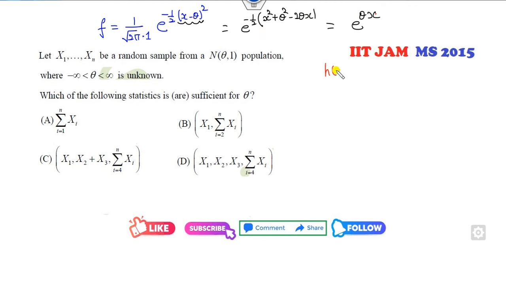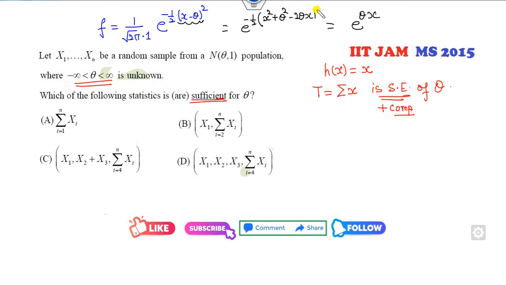So what is h of x? h of x is x, and T is the sufficient estimator of theta. Also theta is given in the form of an open interval, so yes, this is complete as well.